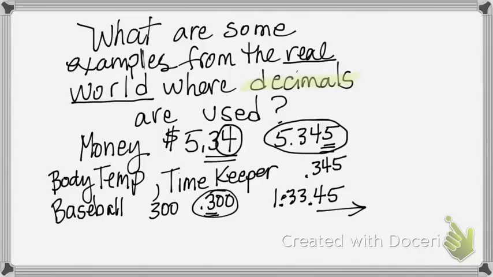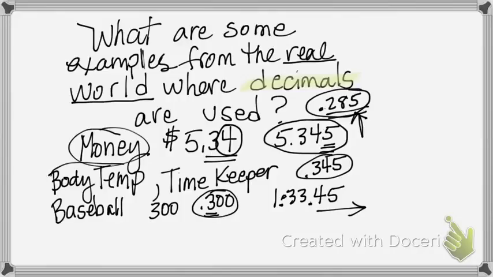Probably a more average batting average would be maybe .285, something like that. I've got to ask the baseball players out there. But again, that's they get a hit 285 times out of every 1,000 times they're up at bat, because that's the thousandths place. But anyway, not to get too deeply into what all these things mean, look, we've seen money, body temperature, baseball averages, timekeeping. Those are 4 that came to my mind.